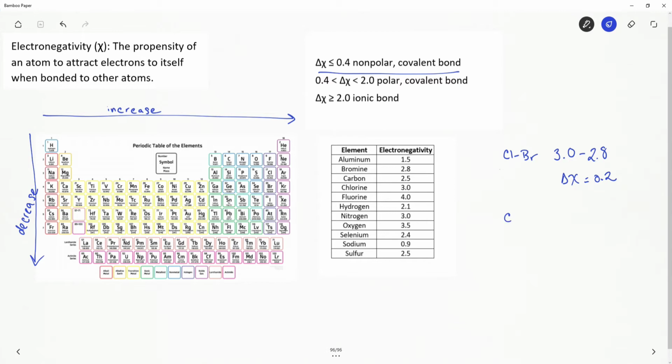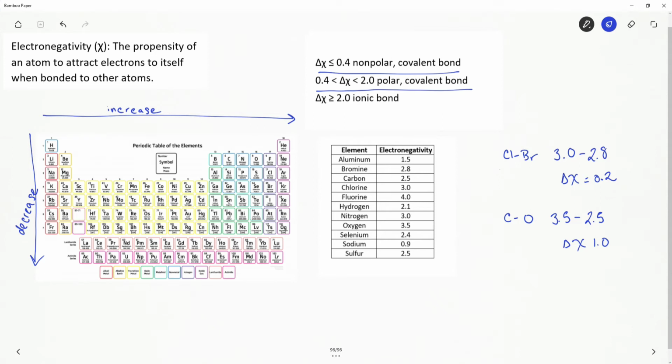If we look at the carbon-oxygen bond, oxygen has a value of 3.5, while carbon is at 2.5. That gives me a delta chi of 1.0. That clearly falls in the range of a polar covalent bond.